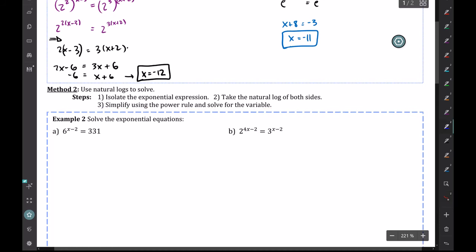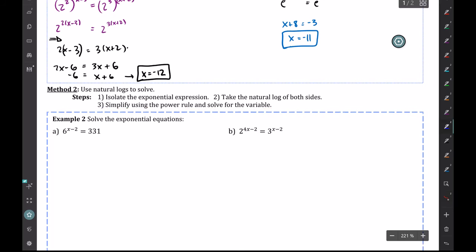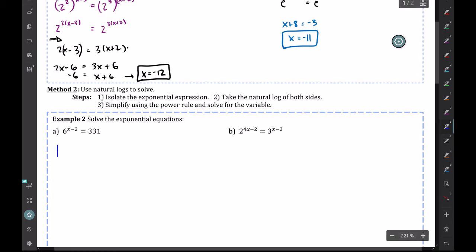So let's try this. If we have 6 to the x minus 2 equals 331, then we can either take log base 6 of both sides, or we can take natural logs of both sides. I kind of prefer taking natural logs, just because it's easier to punch into your calculator than log base 6.